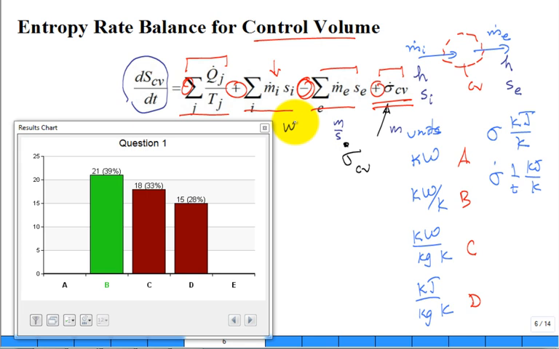It's not dimensionally consistent. This equation has to be dimensionally consistent. And so what he does, he says, Q dot, I know what that one is. Kilowatts or watts, true. Temperature, I know what that one is. That's Kelvin. It's got to be consistent. Sigma dot is kilowatts per Kelvin. Thank you very much.